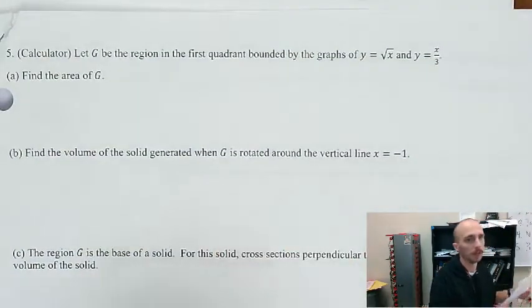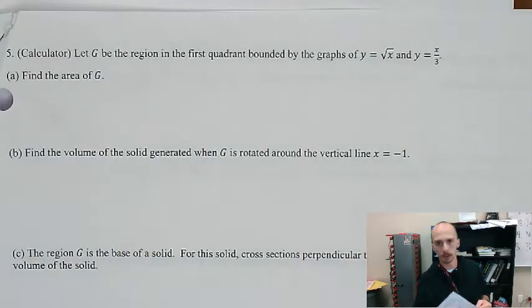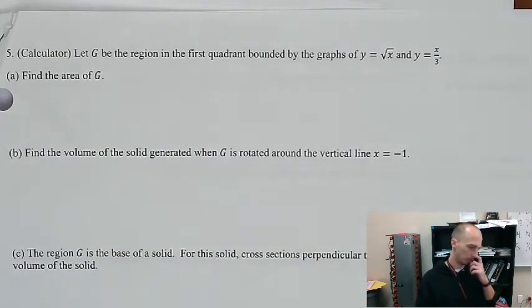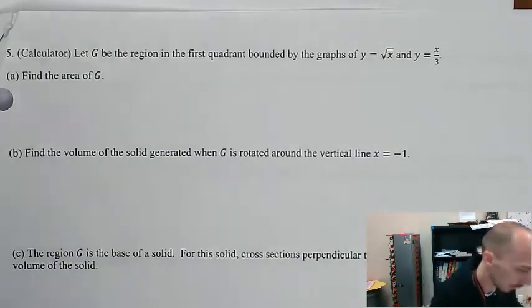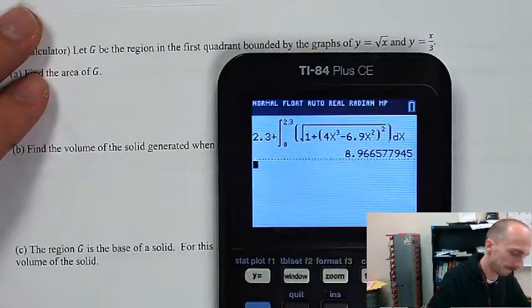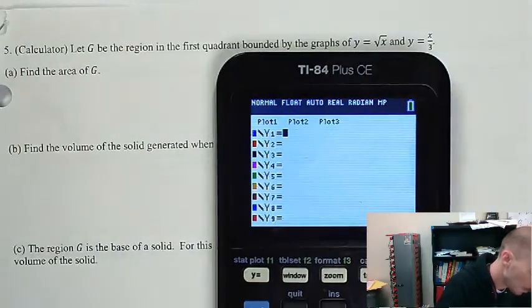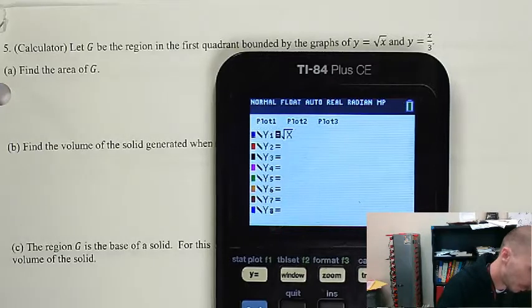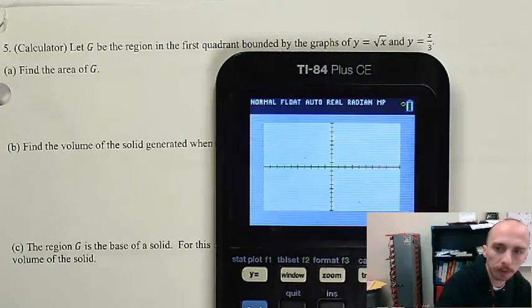Okay. Let G be the region in the first quadrant bounded by the graphs of y equals square root x and y equals x divided by 3. Well, that was a calculator. Why not? All right, y equals square root x and y equals 3.